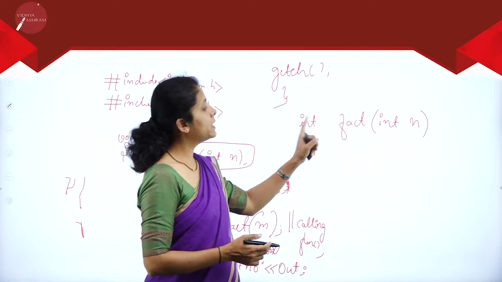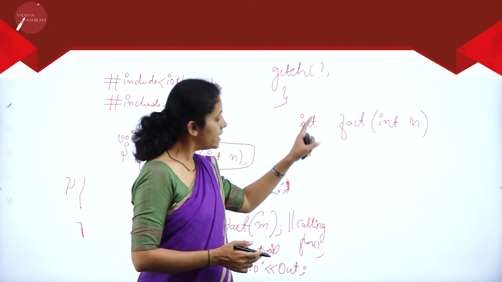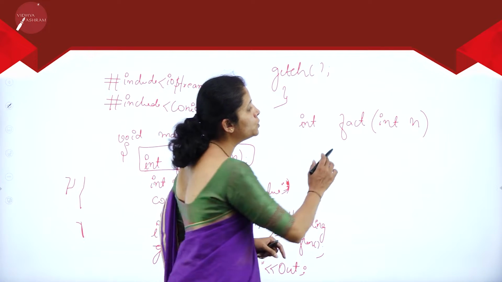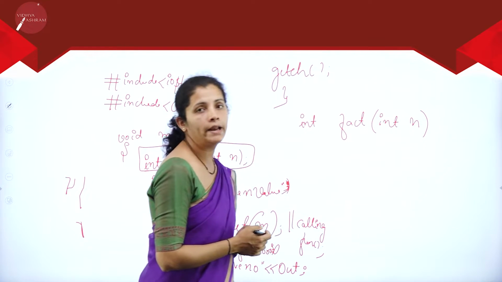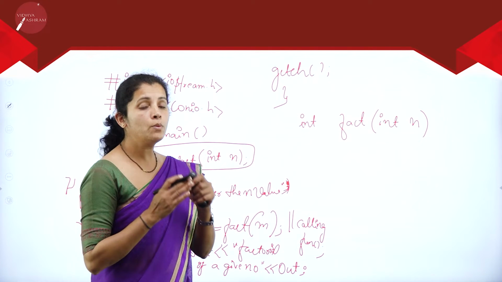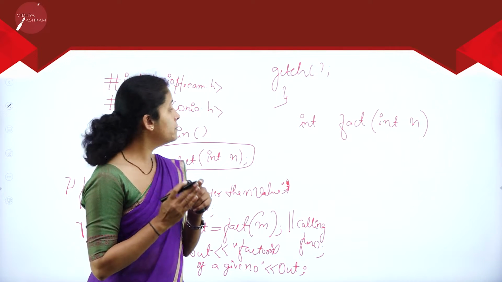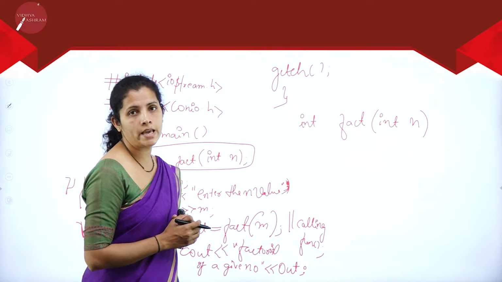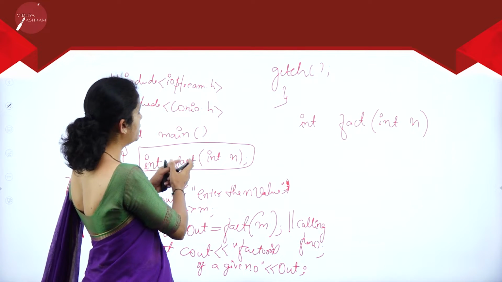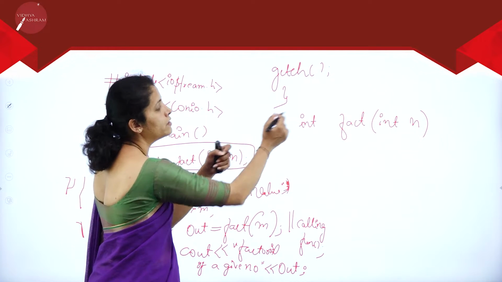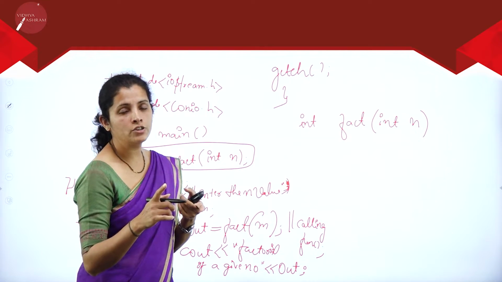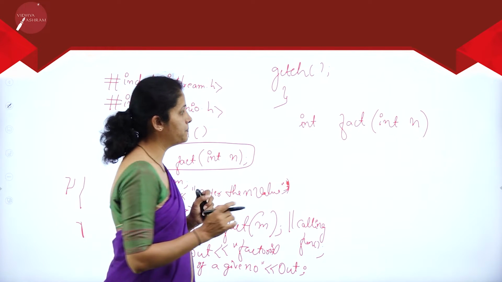But if I'm writing the function definition, here itself I'm going to write the body of the function, so no need to place the semicolon at the end. And one more thing we have to remember here is that all the function names must be the same. So here I cannot write fact1. It is wrong because the calling function and called function names must be the same.